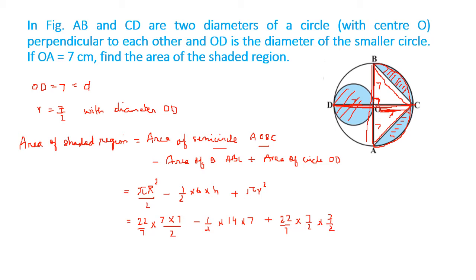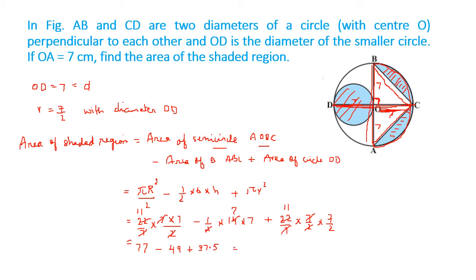So now let us do the calculation. 7 and 7 get cut, 2 1s are 2, 2 11s are 22, so 11 7s are 77, minus half into 14 into 7, which is 7 7s are 49, plus 7 and 7 cut, 2 1s are 2, 2 11s are 22, so 11 into 77 upon 2 is 37.5.